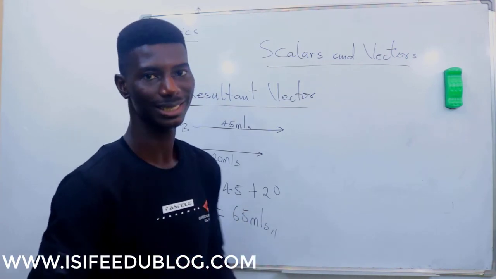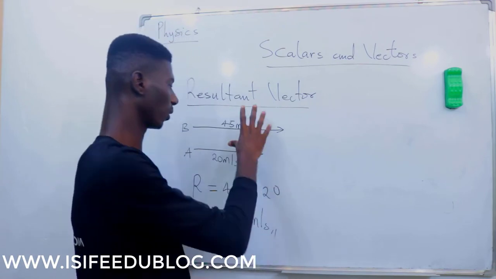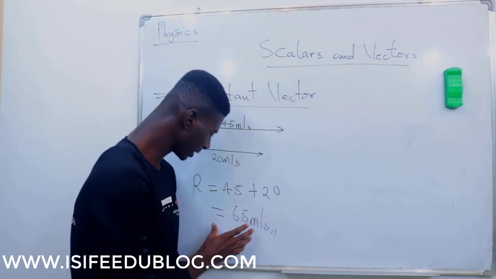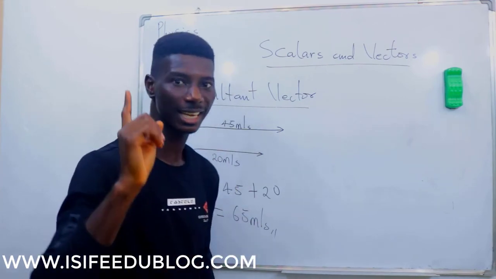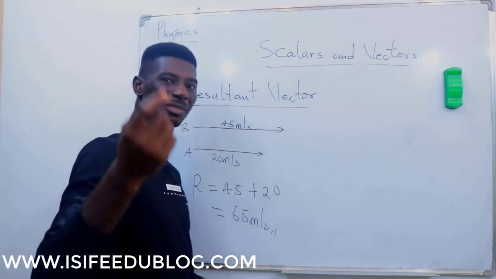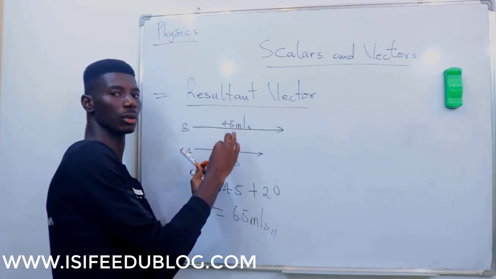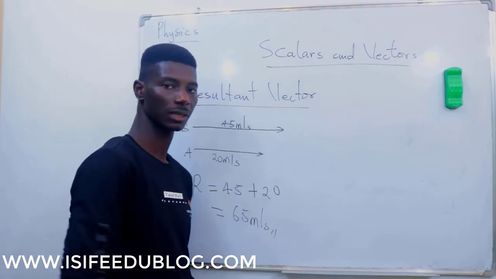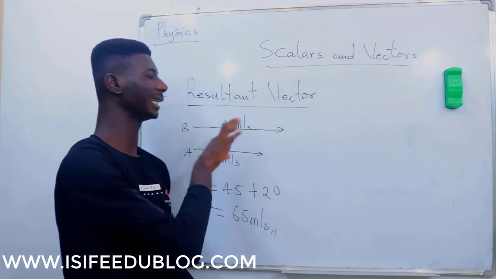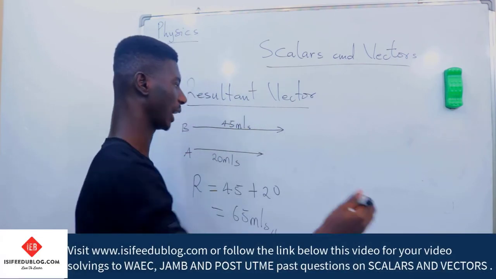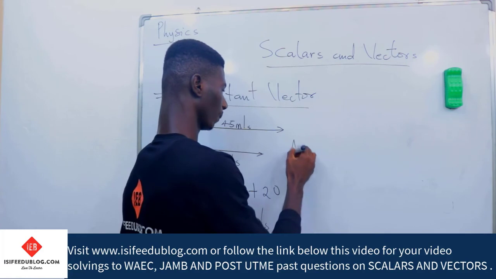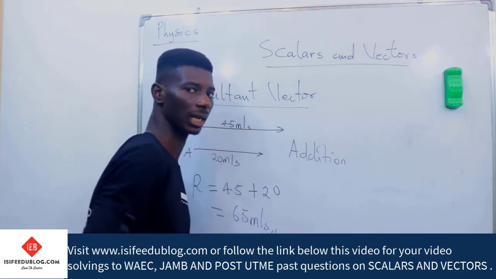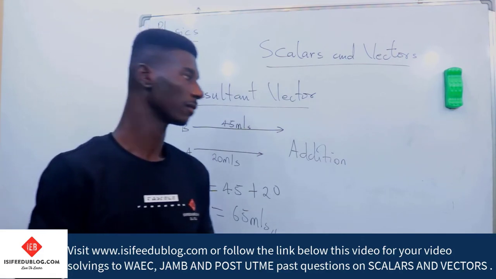So the resultant velocity of this particular action is 65 meters per second. This 65 meters per second is that single velocity that will have the same effect as these two acting together. That is what you call a resultant vector. So when vectors are moving in the same direction, addition occurs. We add to get our resultant vector.